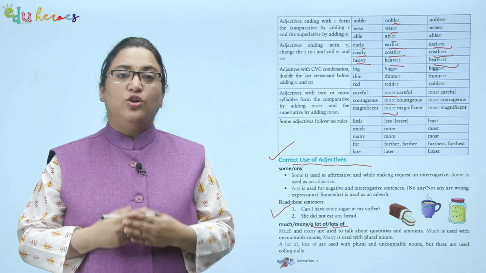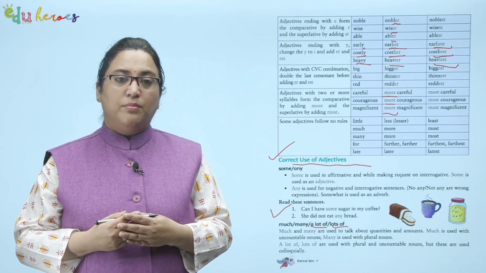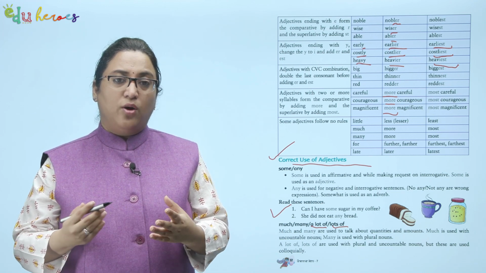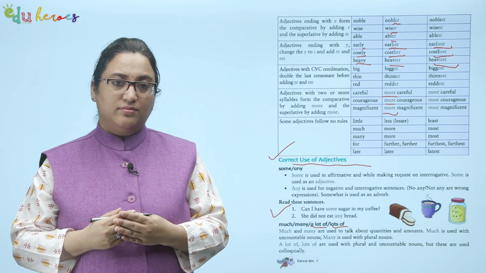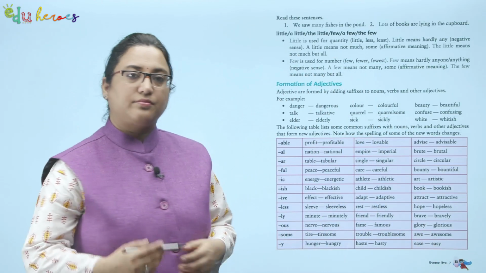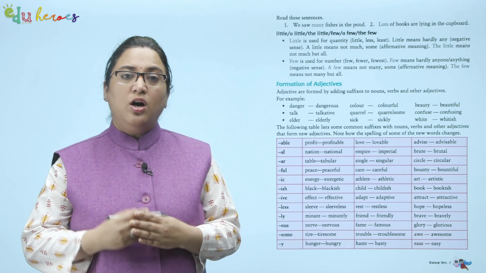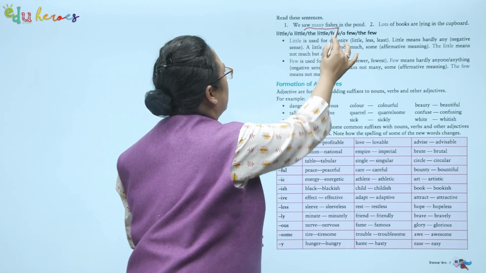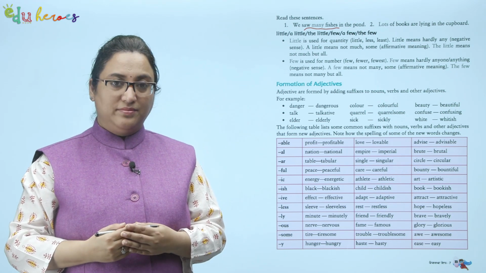A lot of, lots of are used with plural and uncountable nouns, but these are used colloquially, means not formally, in a very general language. Let's read these sentences. We saw many fishes in the pond. Lots of books are lying in the cupboard.